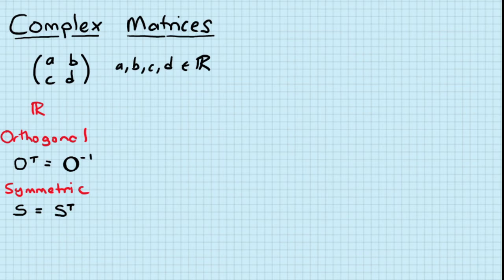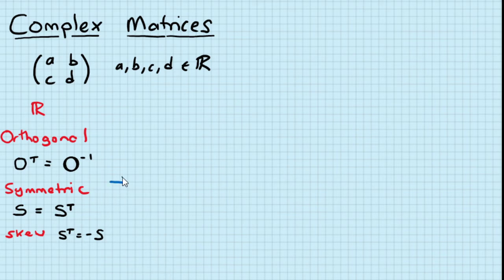There is, of course, also something known as skew symmetric. Skew symmetric just means that when you take the transpose, you don't get back the original S, but minus S. So you can think of that as a corollary.